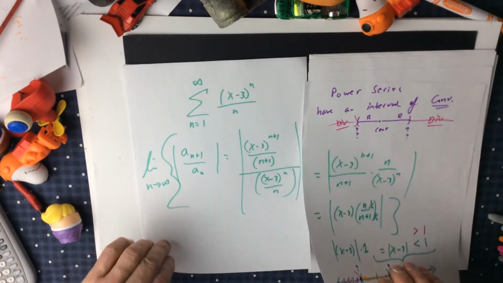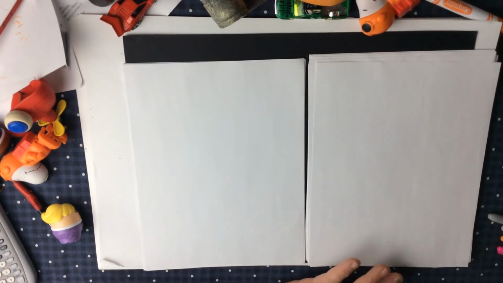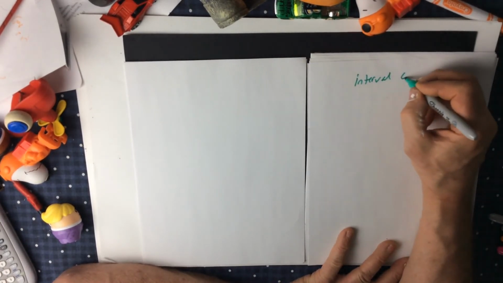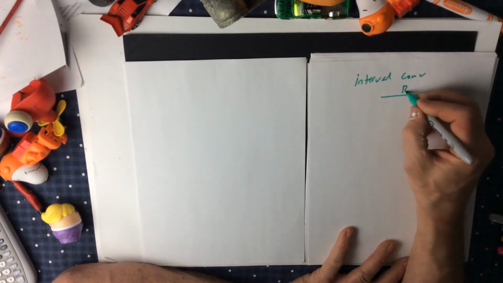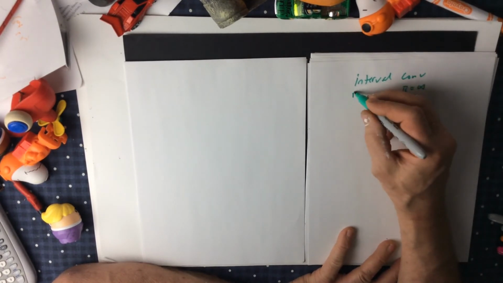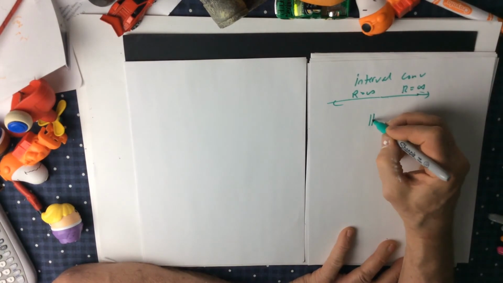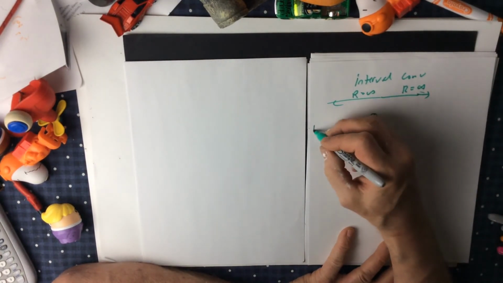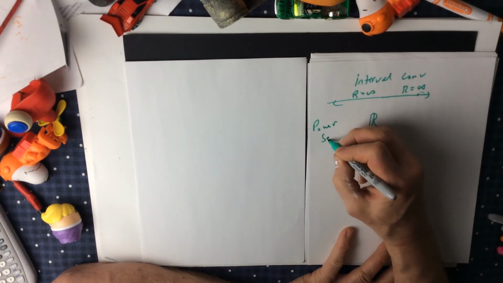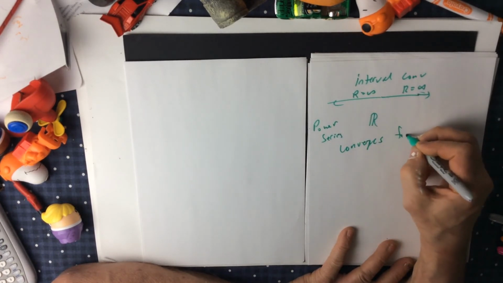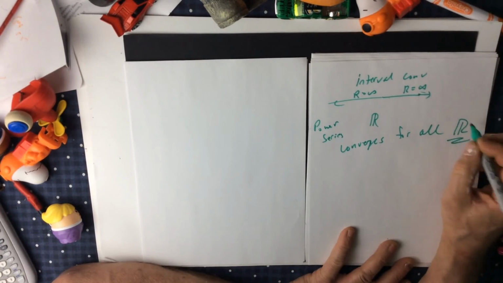Now, a couple of power series are strange. The interval of convergence has sometimes r equal to infinity. We saw that one. And that means we say the power series converges for all x.